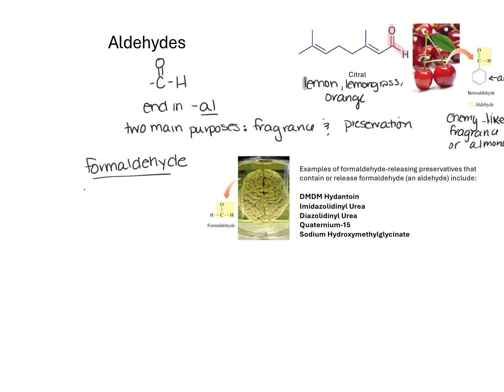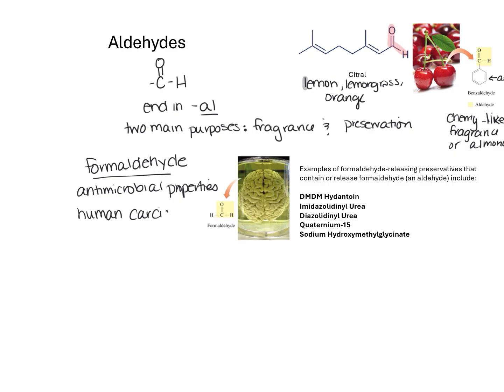And it's got lots of antimicrobial properties. You might be familiar with it. It's used to preserve specimens. So there's a brain that's preserved in formaldehyde here. But we're really trying to get away from using formaldehyde because it is a human carcinogen.